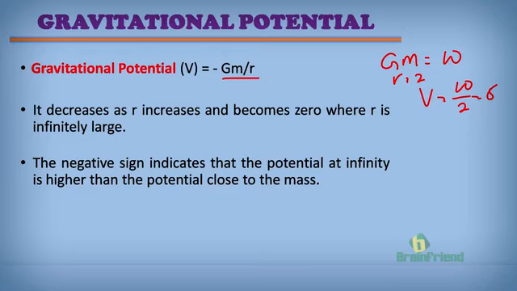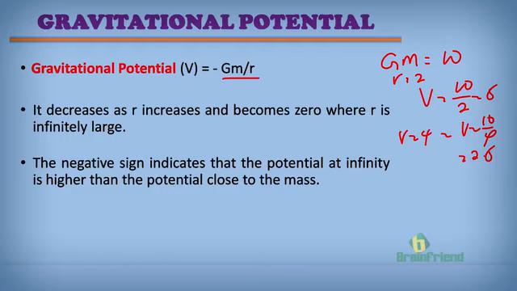Now, if the R increases to 4, V will give us 10 over 4, and the answer is what? 2.5. That is to say, as R, the distance between the objects, increases, the gravitational potential decreases. And vice versa, as R decreases, gravitational potential increases.